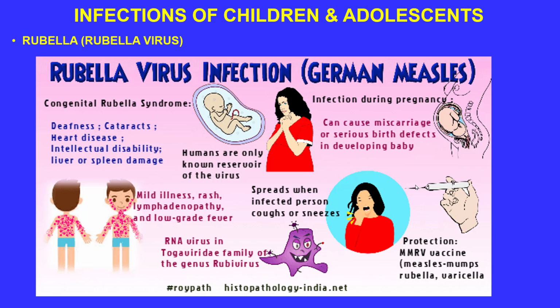Tetralogy of Fallot is one. And also, it seems to cause severe problems with the development of the eye. And if it gets into the eye before it closes up with the lens, etc., it can basically cause all sorts of problems, including blindness.